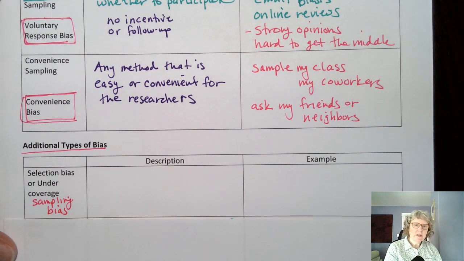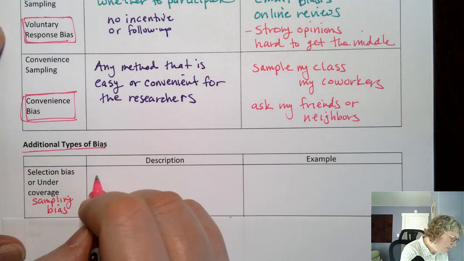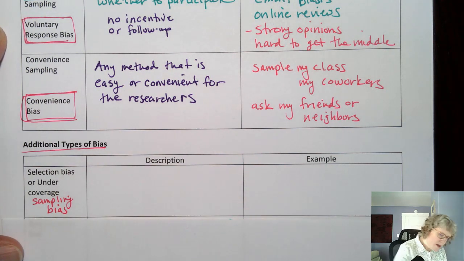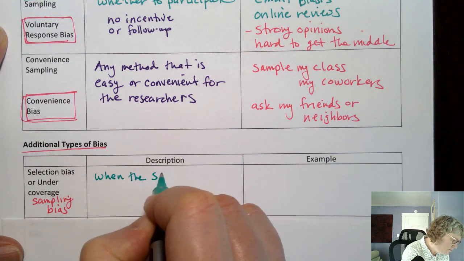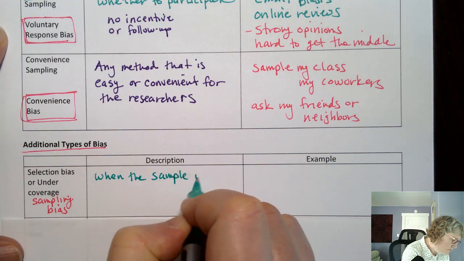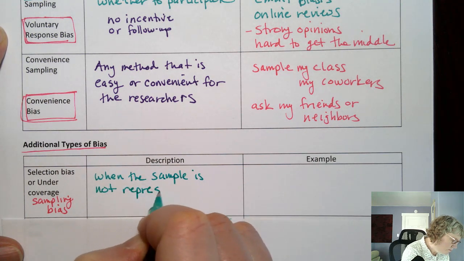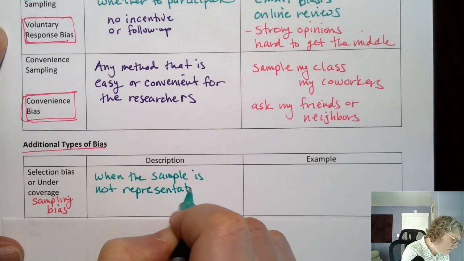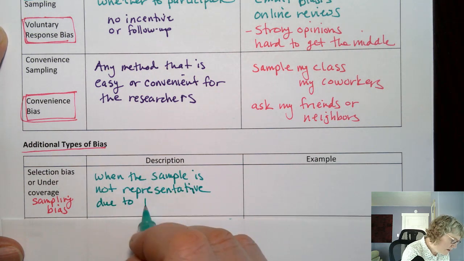Okay, so this can be anything where the sample's not representative due to the method. Use a different color for that. When the sample is not representative due to the sampling method.